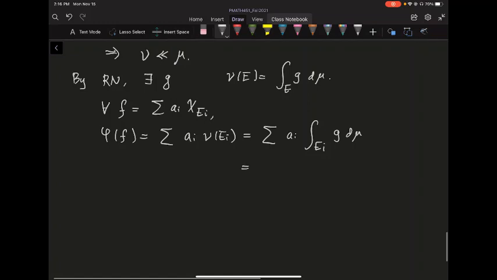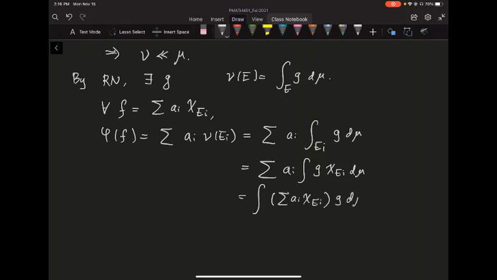Another way of writing the integral over E_i is a_i times g times chi of E_i d mu. You can say this is the integral of the summation of a_i chi of E_i times g d mu, or just the integral of f g d mu. So for every simple function f, phi of f is in this desired form.